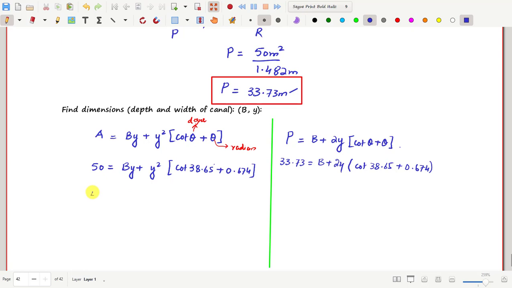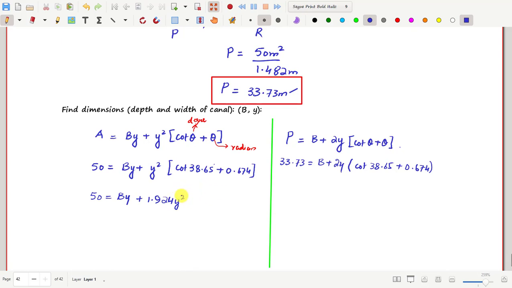you will get 50 is equal to by plus 1.924 y square.